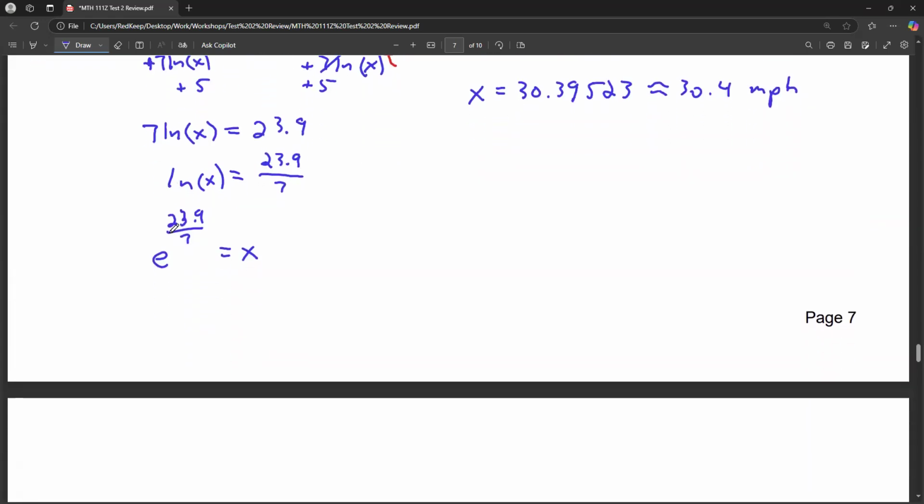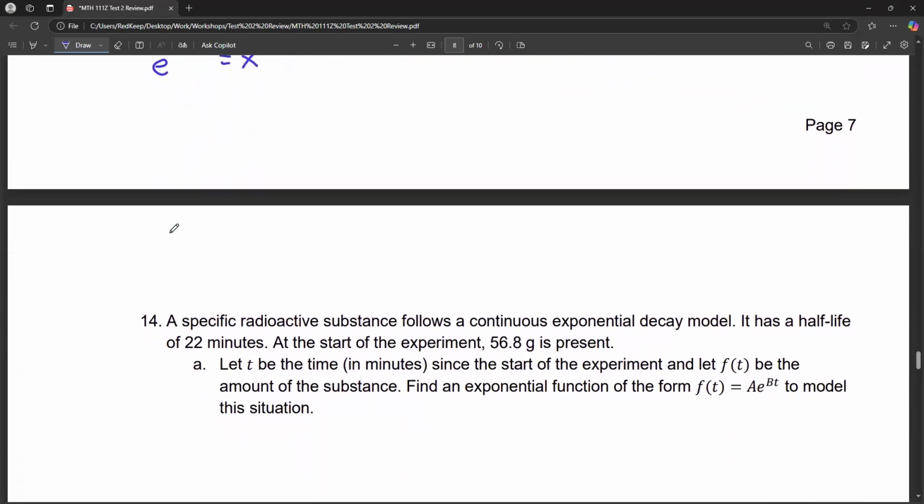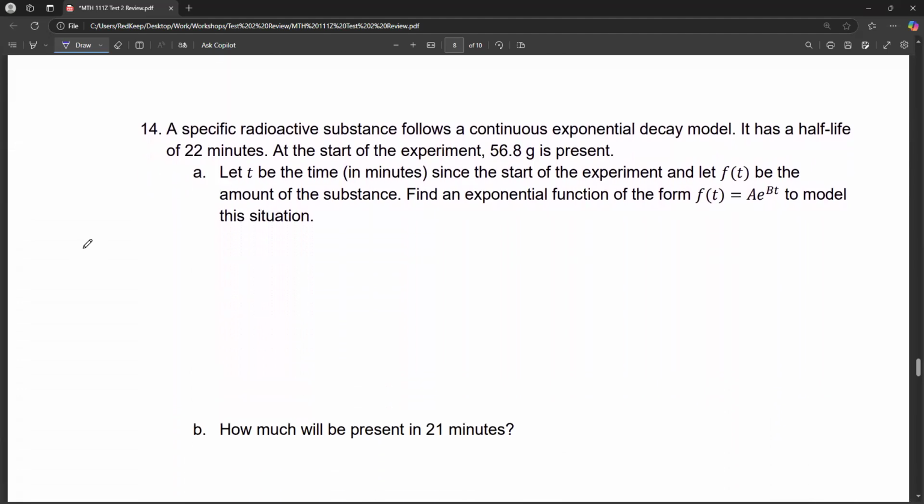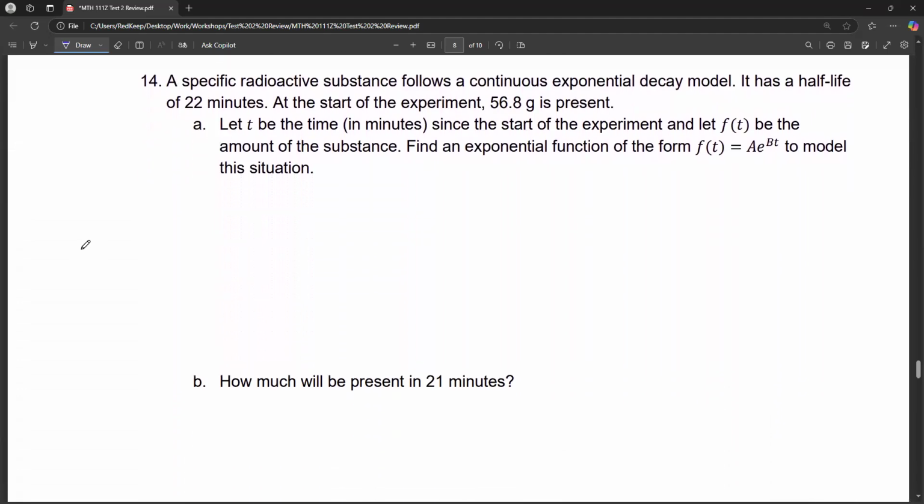Okay, so I think that was everything for that question. Moving on now to question 14. Now they're talking about a radioactive substance, and it follows a continuous exponential decay model. Continuous exponential, we're kind of getting primed and ready for that.